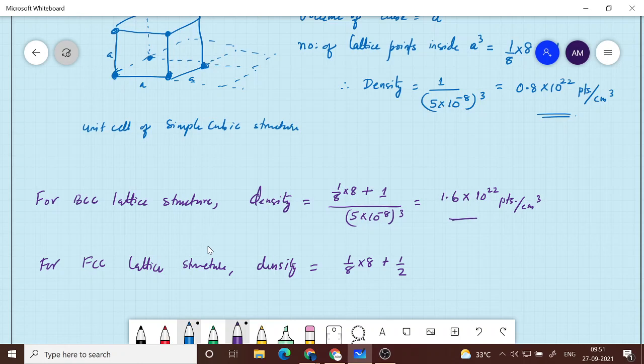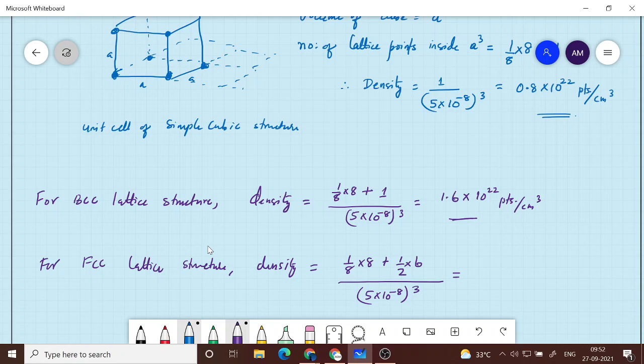You have 4 on the side, and 1 top and 1 bottom, so there are 6, each contributing half. So effectively this gives 1 plus 3, that is 4.